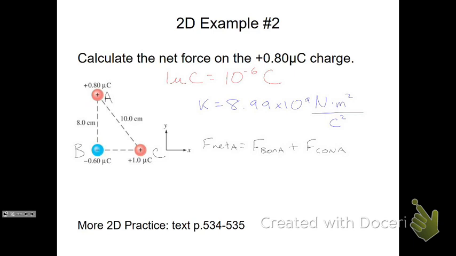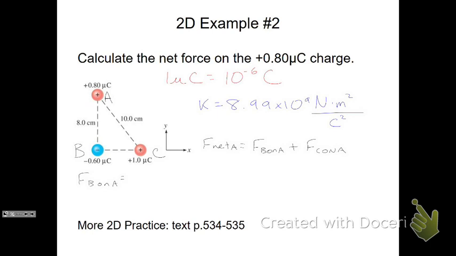Okay, so let's do force of B on A first. It's going to be the easier one. Why? Which one? B. So I want to do FB, so force B on A first.